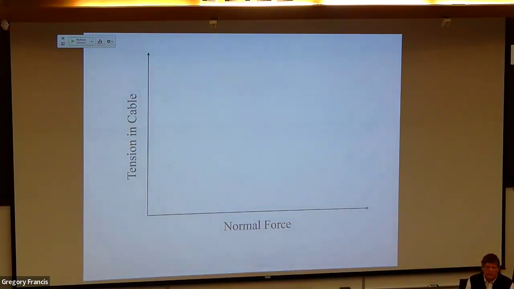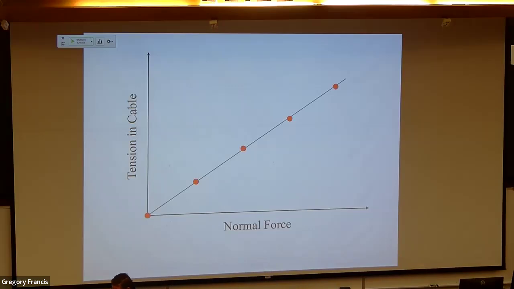And if we were to plot the tension in the cable as measured by that spring scale against the normal force, what we would find is that if we put different people from the class on that sled, lighter people, heavier people, we would get a straight line graph. And every time we get a straight line graph in science, we're interested in the slope of that.